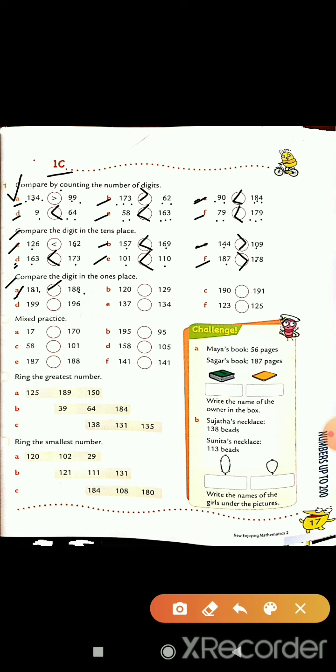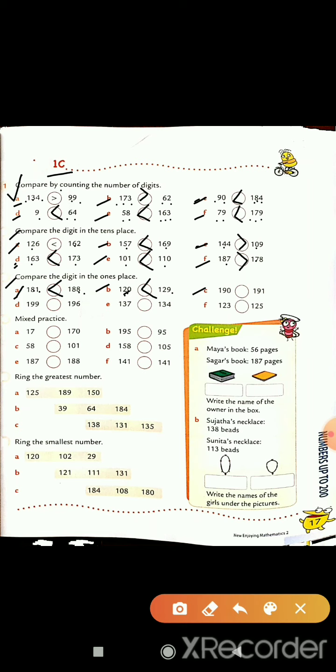So 188 will be greater than 181. B1. 120, 129. In 120, 0 is there at ones place. And at 129, 9 is there at ones place. So 9 is greater than 0. So 129 will be greater than 120.